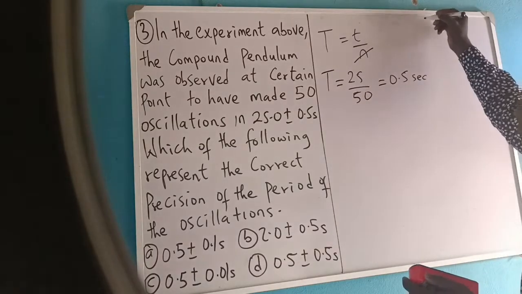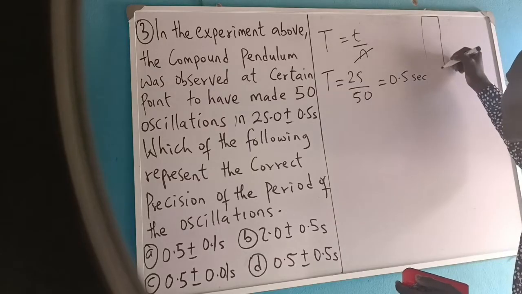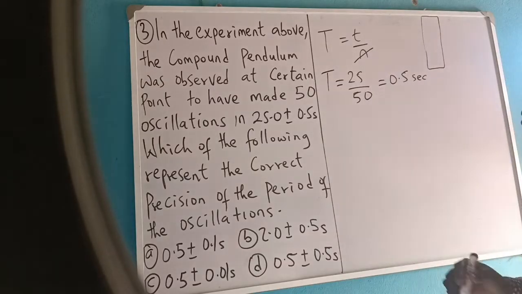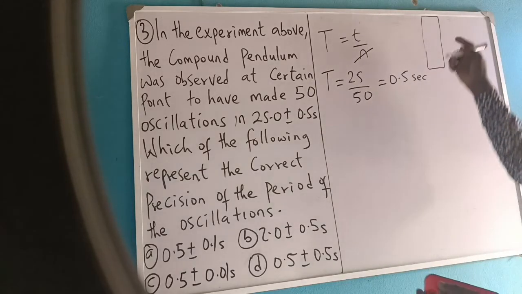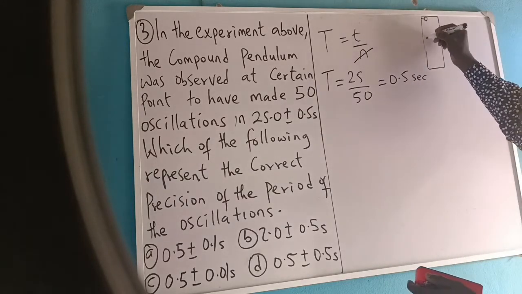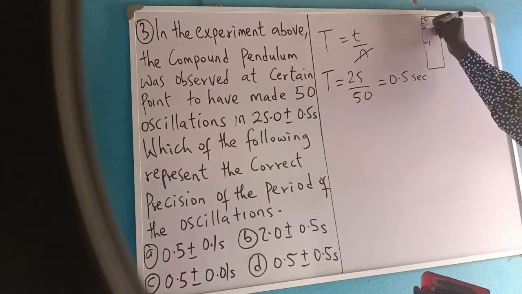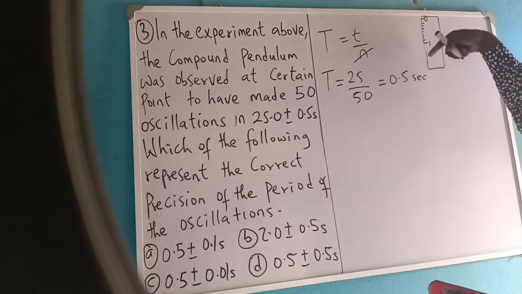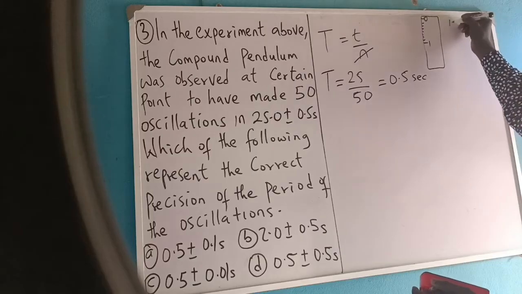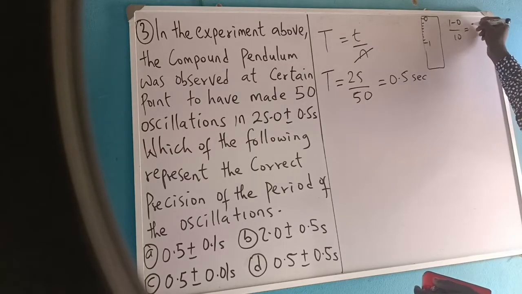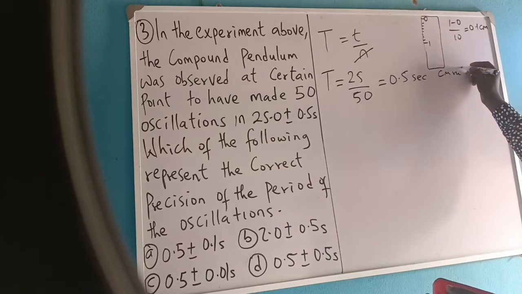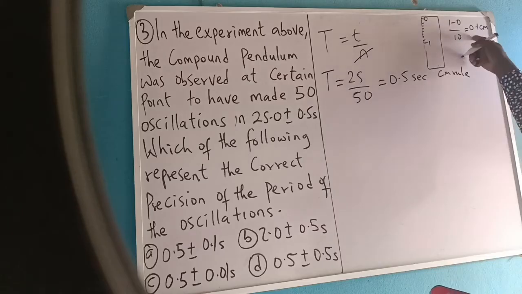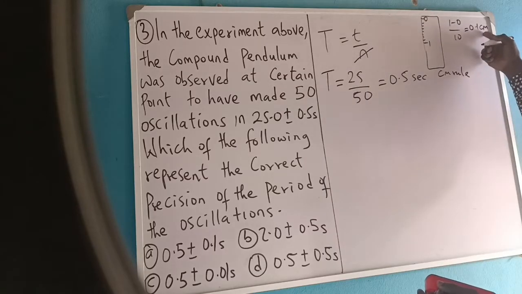If you get this with your meter rule, you will notice that to get the error in your meter rule, you say since here is 0 and here is 1 and it has 10 tiny spaces, you will say 1 minus 0 all over 10, that is 0.1 centimeter. That is for the centimeter rule. The error you will get here is 0.1, so you were able to get your error.